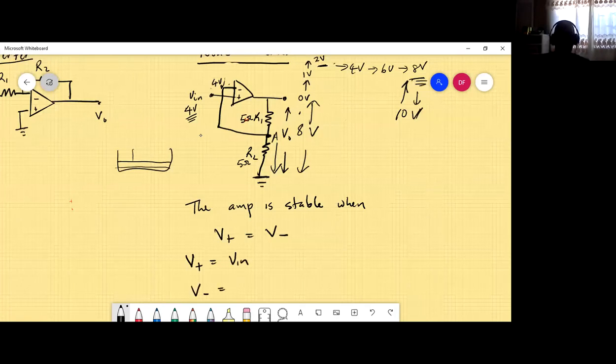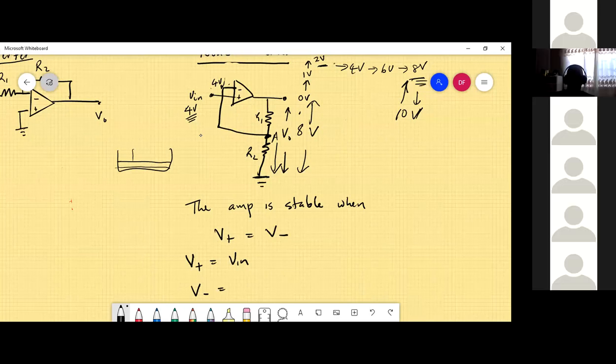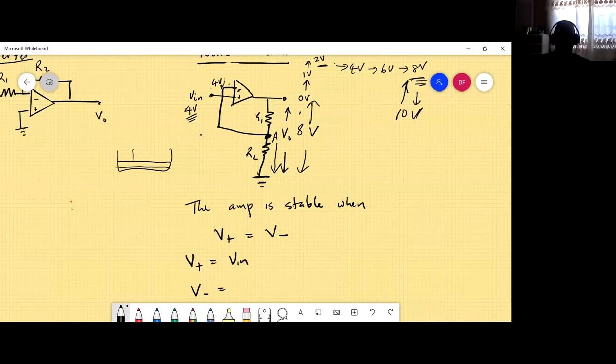Now, we're not using 5 and 5, we're going to use R1 and R2, but we know the voltage divider rule says that the voltage at the point A, which is the voltage at the negative terminal, and the voltage at the negative terminal are the same because we have a wire connecting both of them.